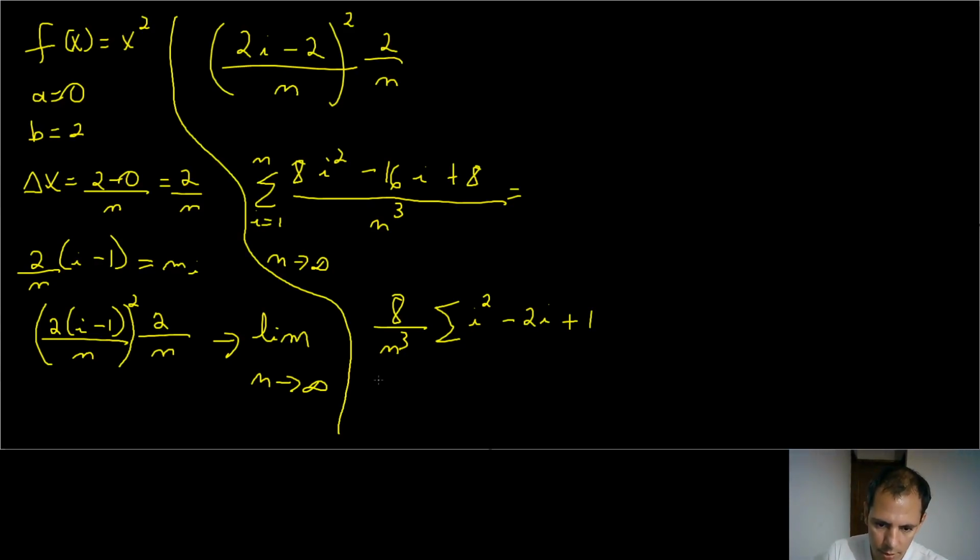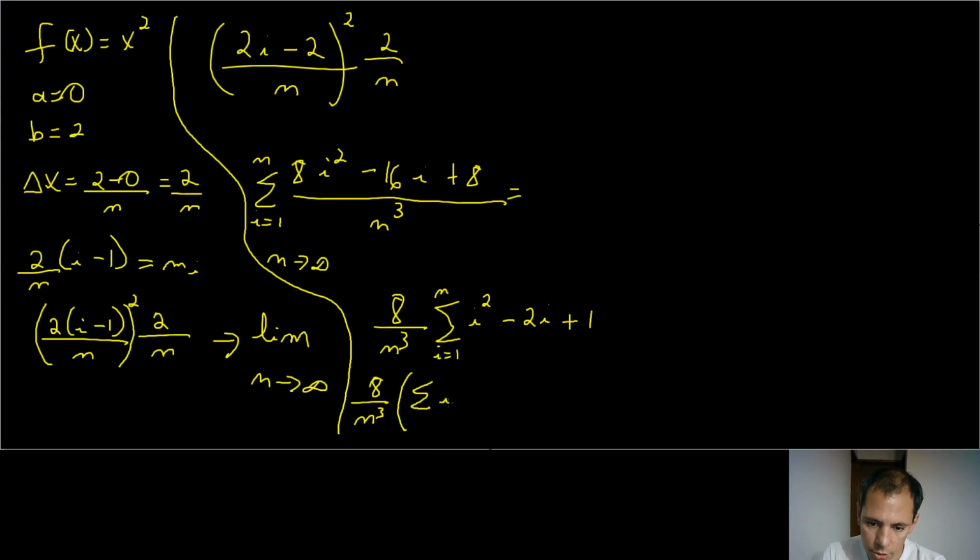It's going to be 8 divided by n cubed times, let's separate the summations, remember? Every summation here is i equal to 1 all the way to n. I'm just going to put it in this one. I'm not going to keep repeating because I don't want to clutter the place.